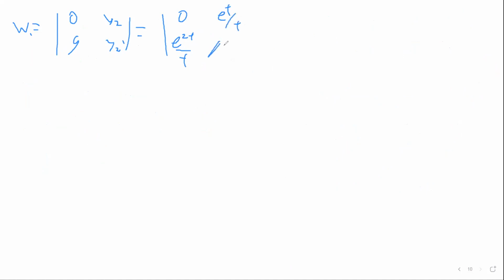I'm not even going to write the term that's going to be multiplied by 0. So this is 0 times blah, blah, blah, minus e to the t over t times e to the 2t over t, which is negative e to the 3t over t squared.